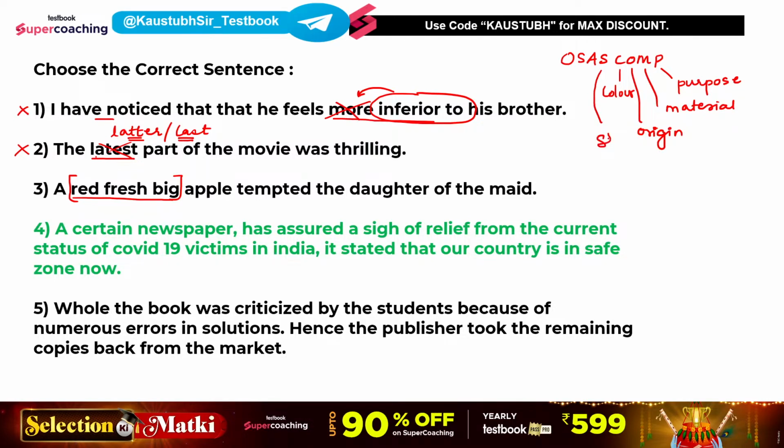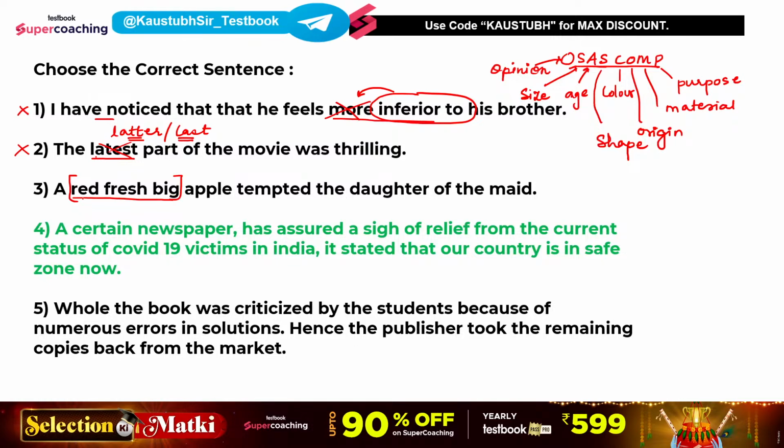S is for shape. A is for age. First S is for size. And O is for your opinion. So if there are multiple adjectives written one after the other, then they have to follow this order. It is called OSASCOMP.